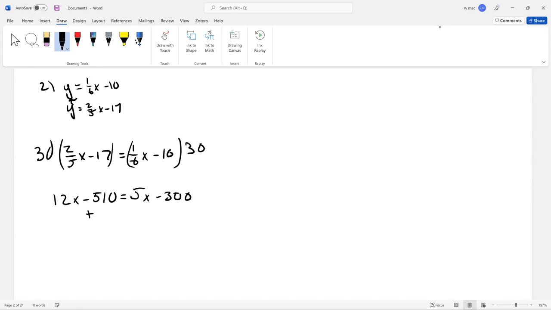I'm going to add 510 on both sides. And I'm also going to minus 5x on both sides. So we get that 7x is equal to 210. So if I divide by 7, I get that x is equal to 30.